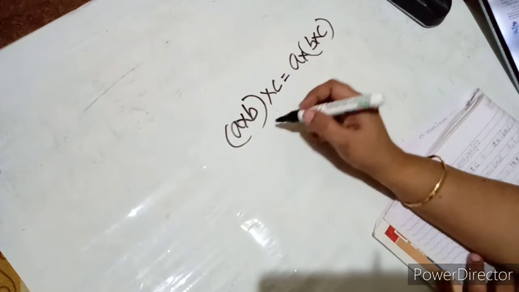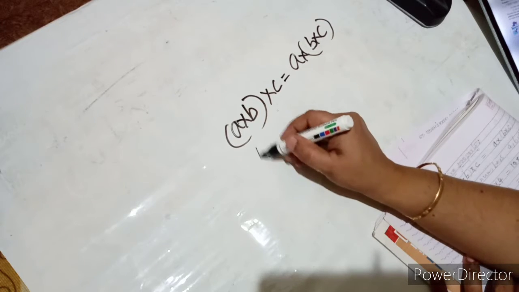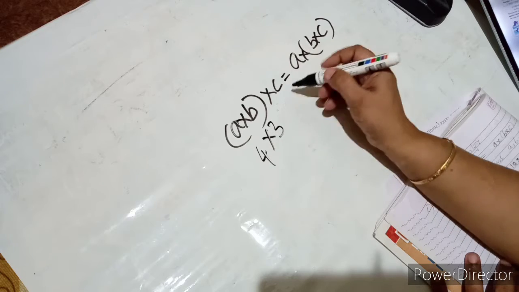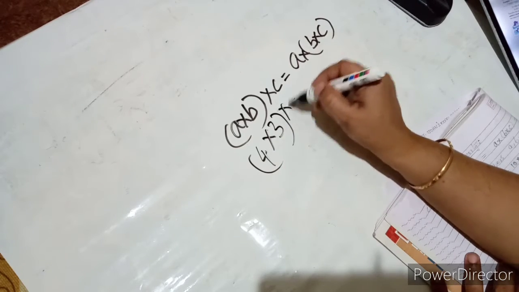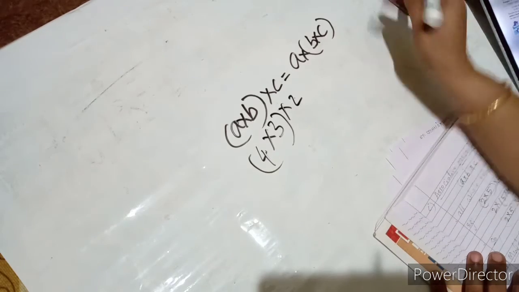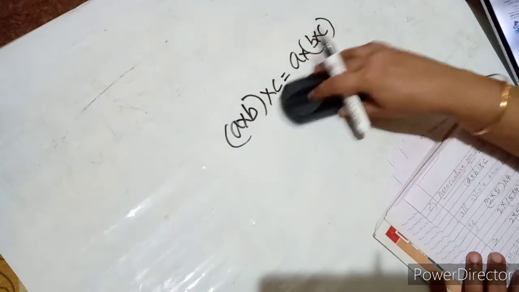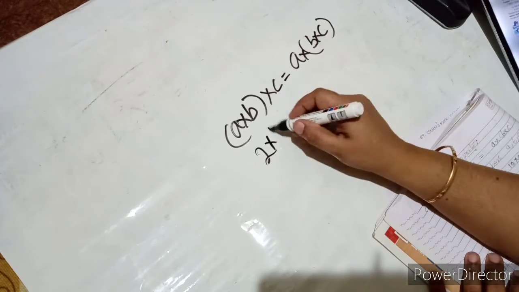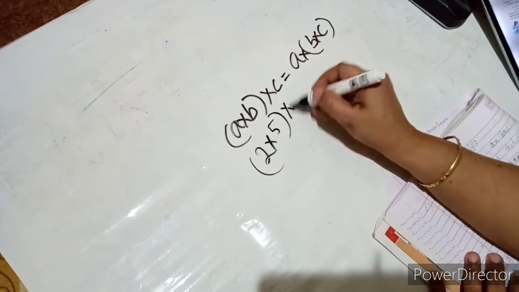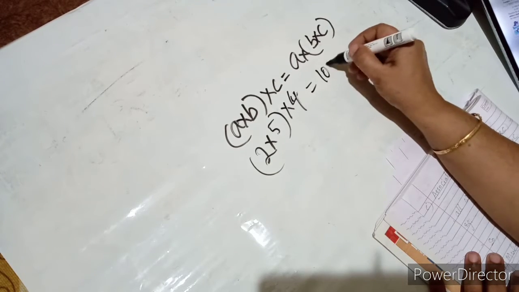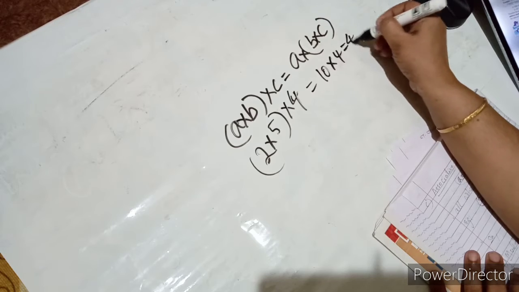For example, suppose I have taken 2 into 5 into 4. Grouping the first two, this is nothing but 10 into 4, which is 40.